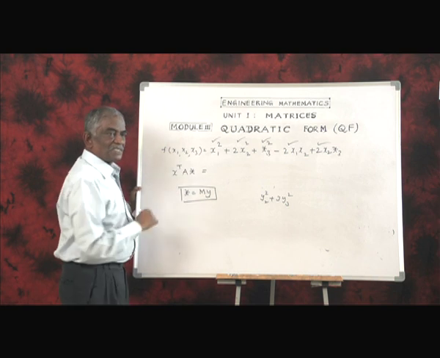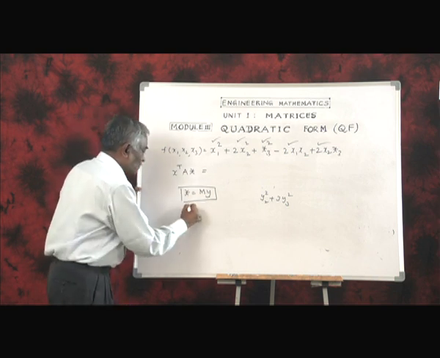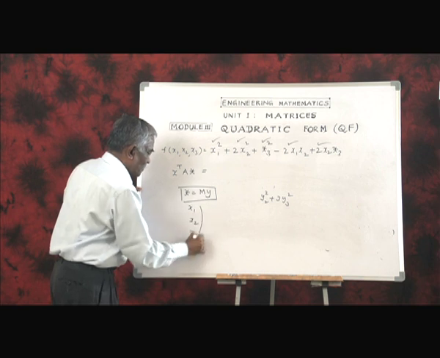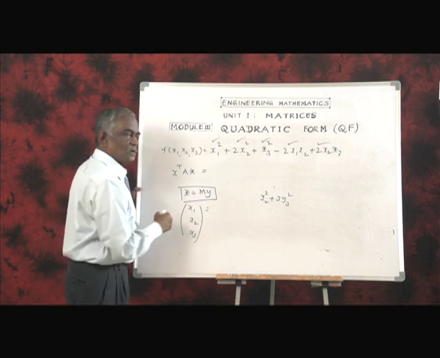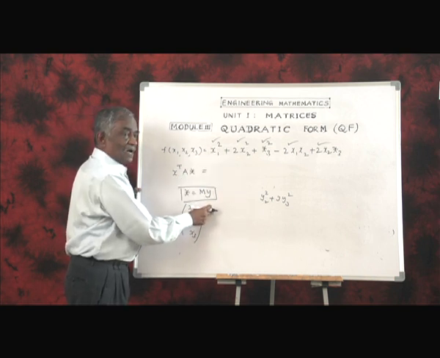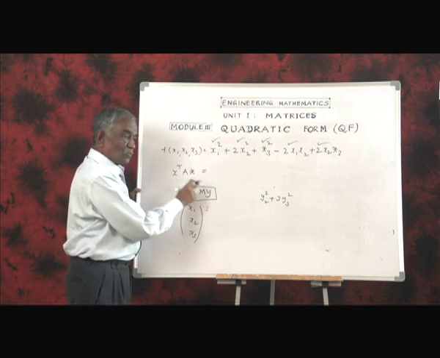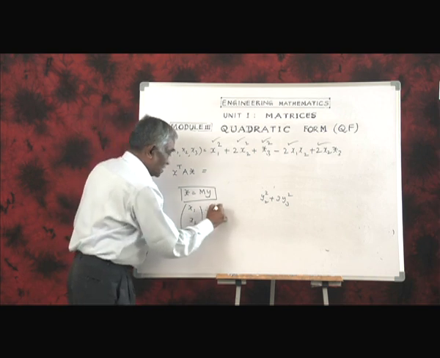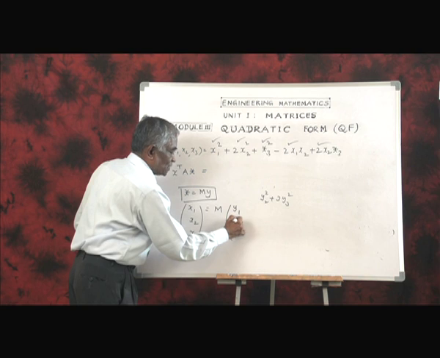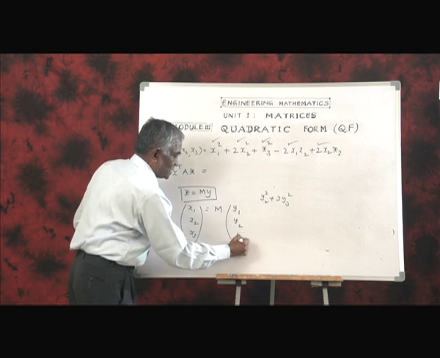What is the meaning of x equals My? X stands for x1, x2, x3, the column vector whose elements are the variables. M stands for the normalized modal matrix, and I am going to define what that is. Before that I will write what y is: y is y1, y2, y3.